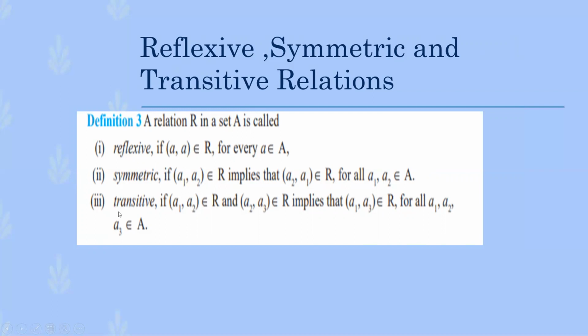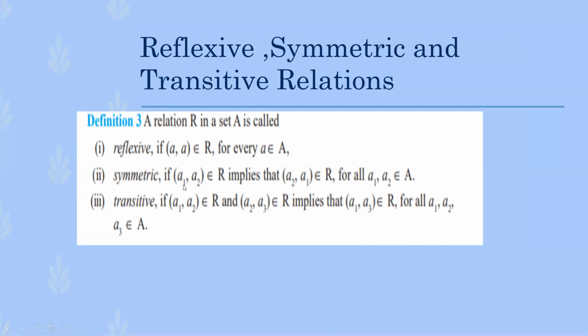Similarly, for transitive, if (a1, a2) belongs to R and (a2, a3) also belongs to R, this implies that (a1, a3), the first term here and the second term of this, belongs to R, for all a1, a2, a3 belonging to A. So there's a difference between symmetric and transitive.